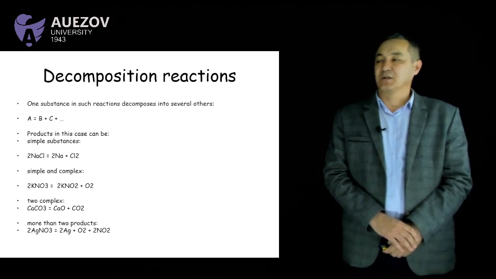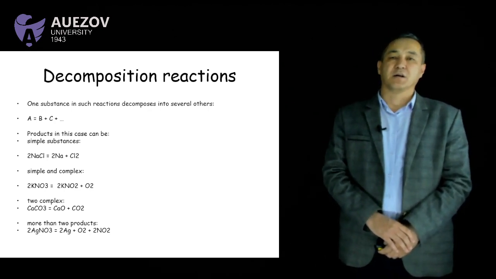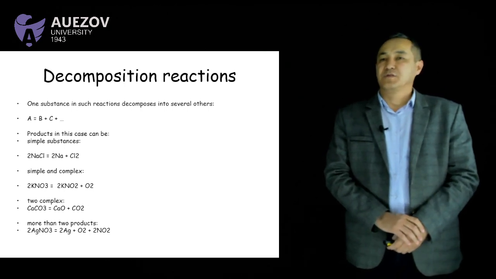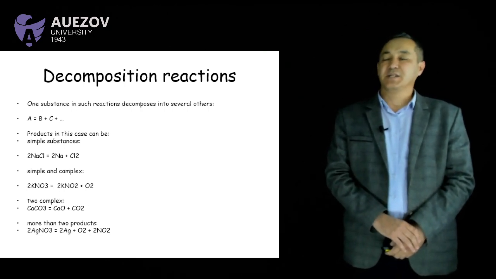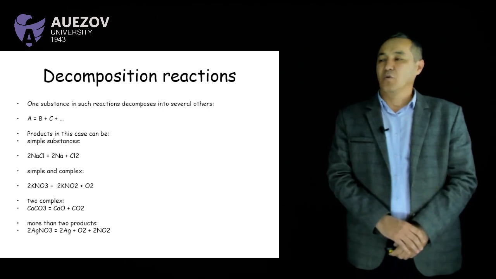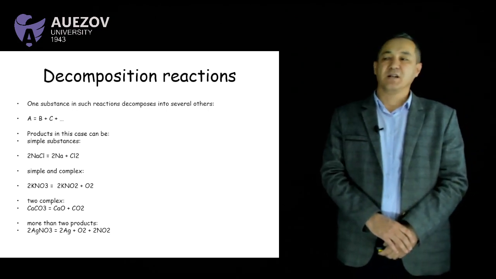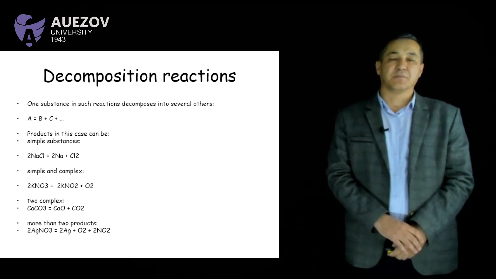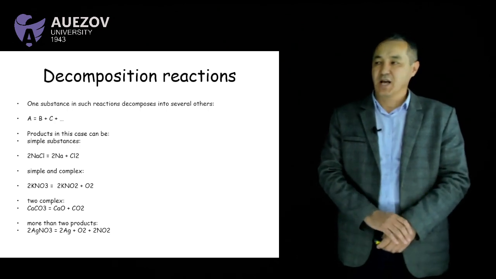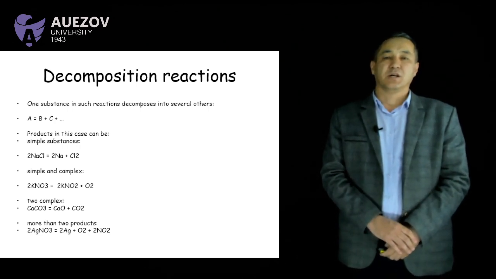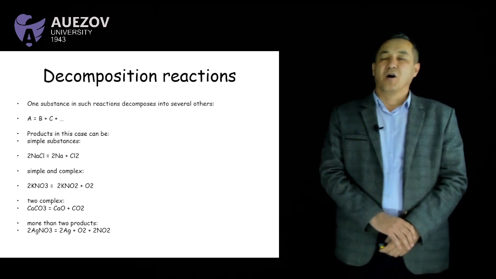For example, two molecules of silver nitrate can give two atoms of silver and one atom of oxygen and two molecules of nitrogen oxide.